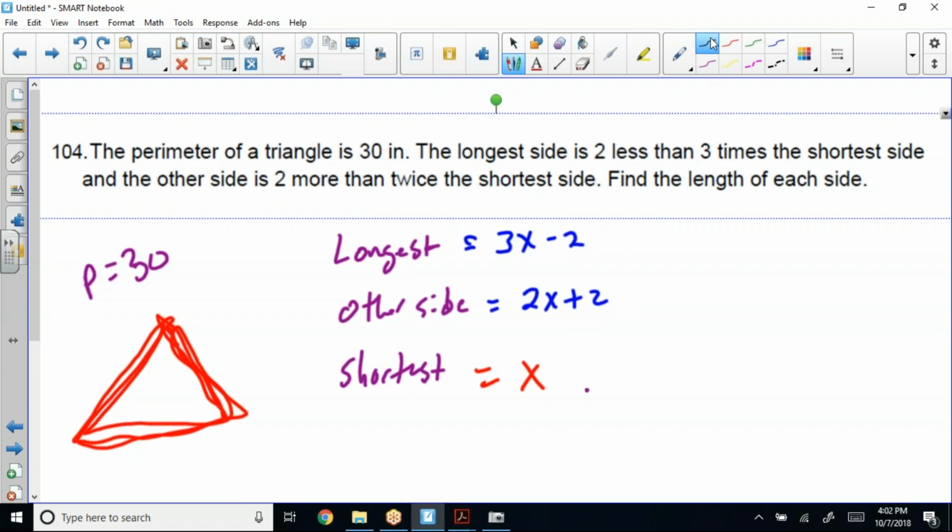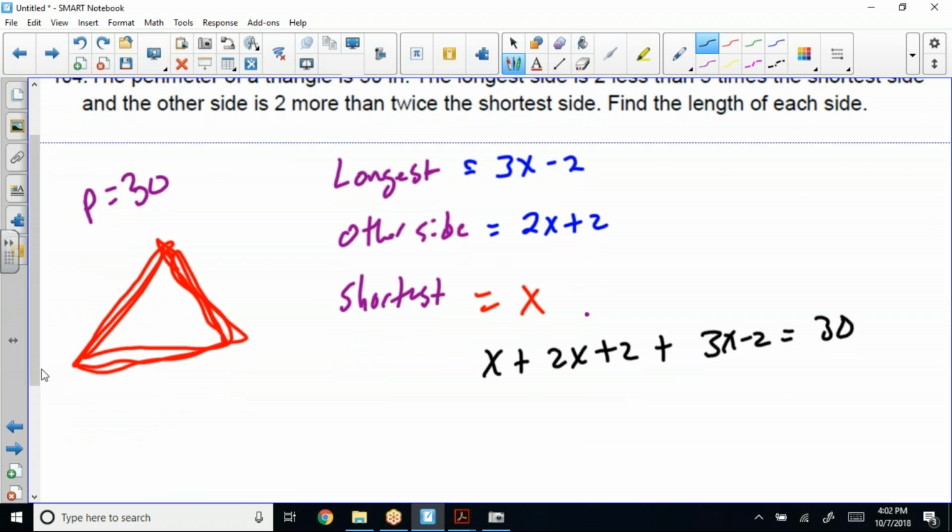And then all we have to do is say, okay, x plus 2x plus 2 plus 3x minus 2 is equal to 30. And we just solve for x, right? Find the length of each side. So x plus 3x plus 2x is 6x, and that's equal to 30 because the 2's cancel, right?